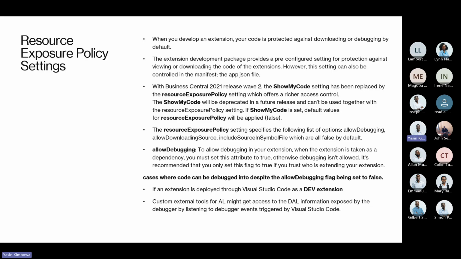External tools. We didn't also get some of these external tools. John, do you know the external tools for AL that might get access to the AL information exposed by the debugger? So there is a need using the events triggered by VS Code.